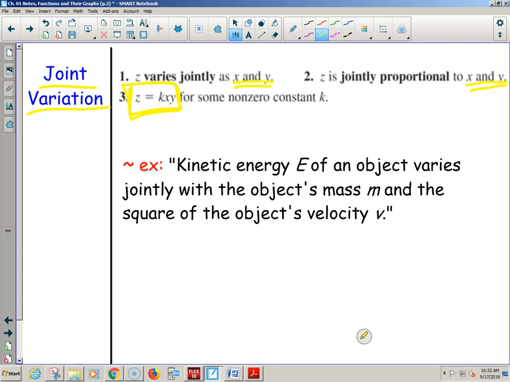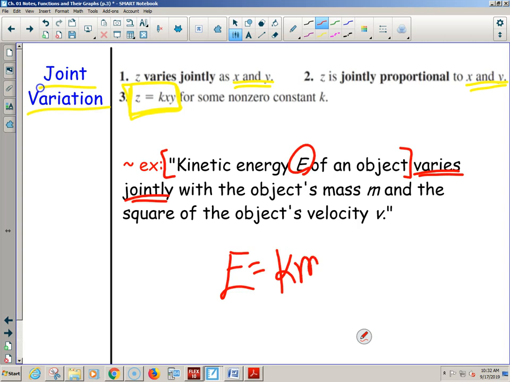So down here when we're reading, the kinetic energy of an object, E, varies jointly. I know automatically there's more than one variable coming. Mass is going to be 1, and the square of the velocity is going to be the other one. So when I come down here to make my equation, E equals K on V squared.